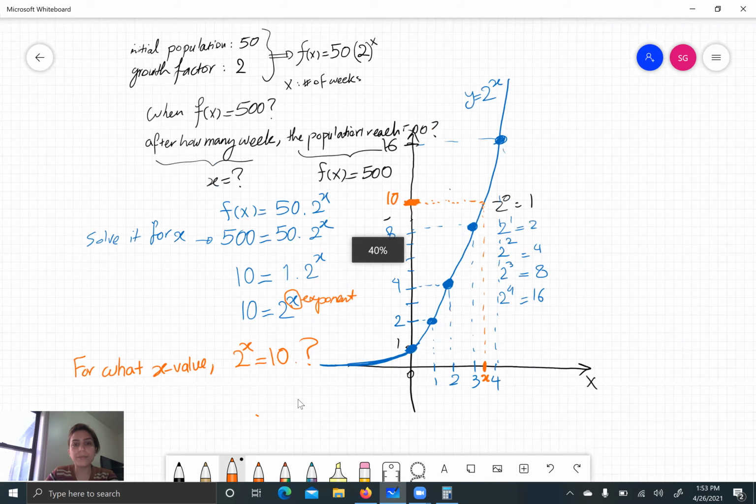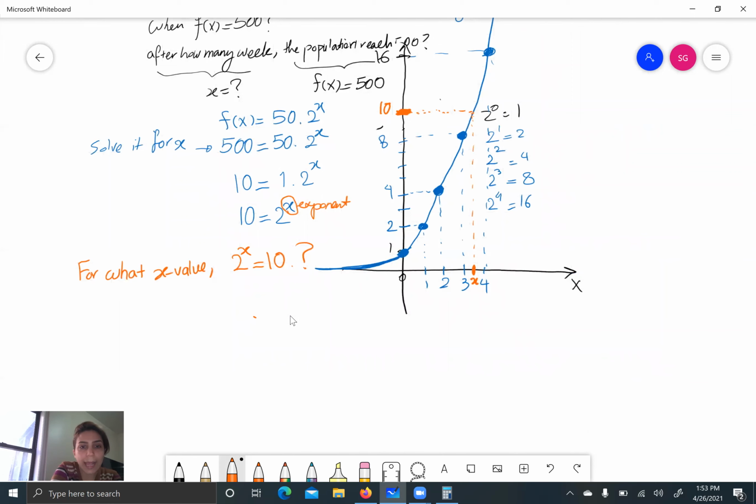So graphically, I can say the answer is a value between 3 and 4. It must be 3 point something. But what is the exact value?